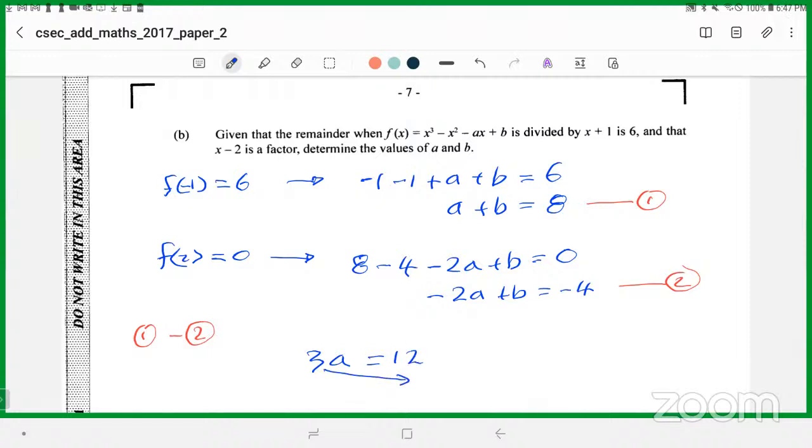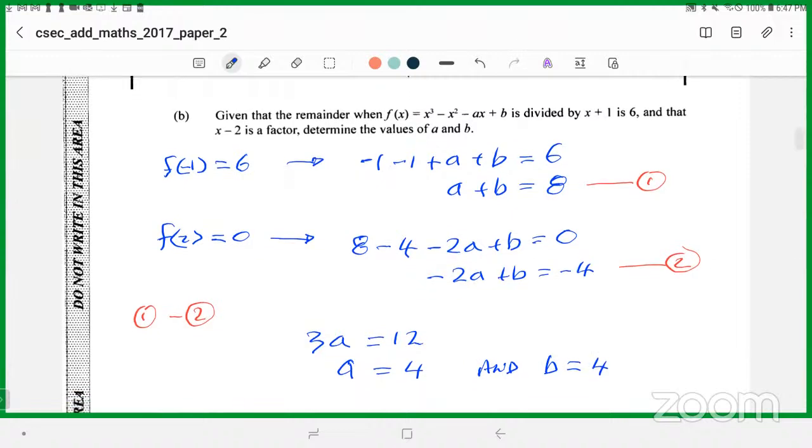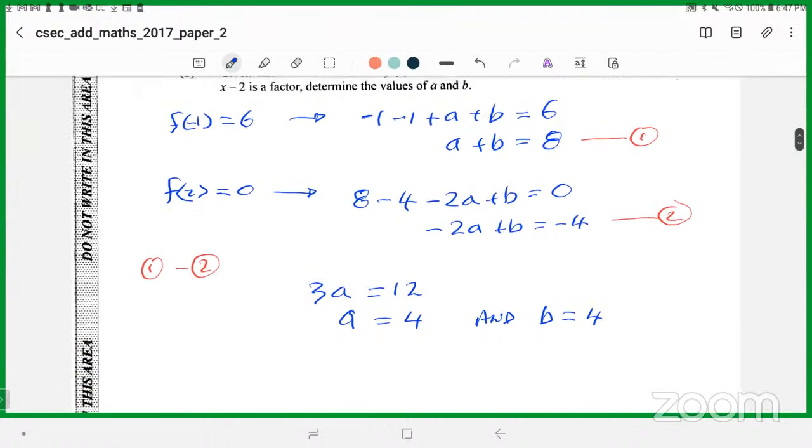Then I divide by 3, so a is equal to 4. If a is equal to 4 and I substitute that 4 for the a right here, I'm going to be left with b equals 4, because 4 plus 4 is 8. So the b is also going to be equal to 4. So I can say a equals 4 and b equals 4. And that is it. Those are my values for a and b. Good?